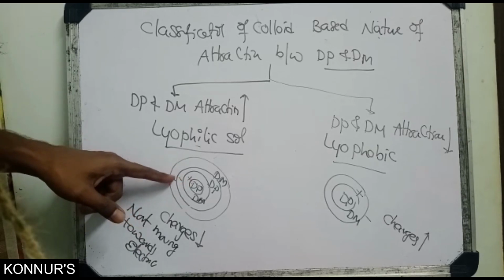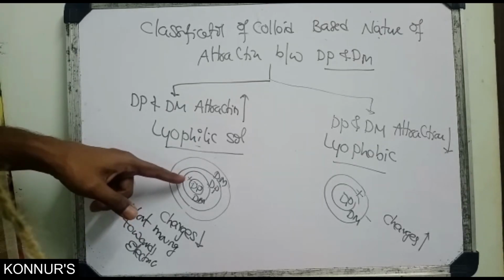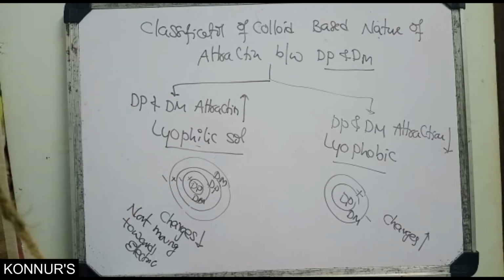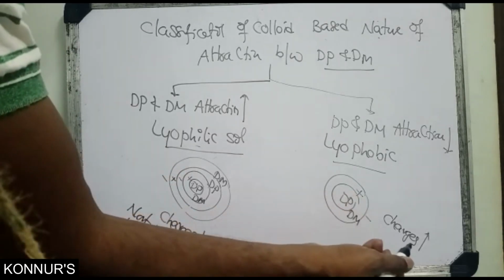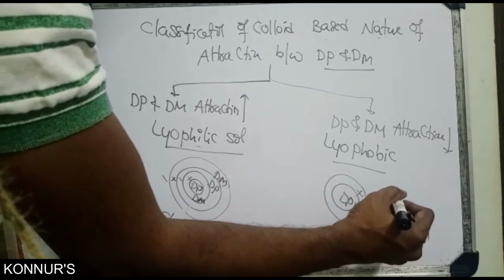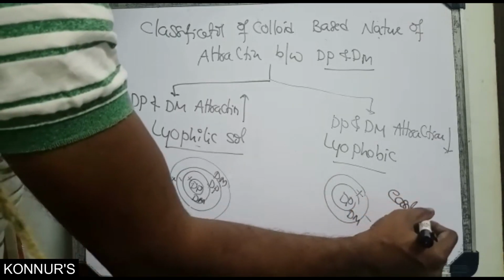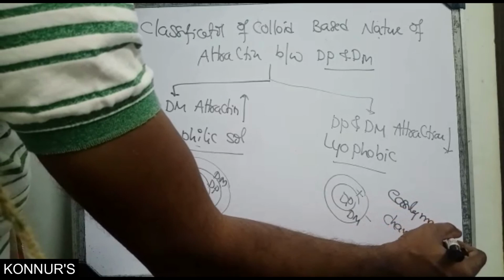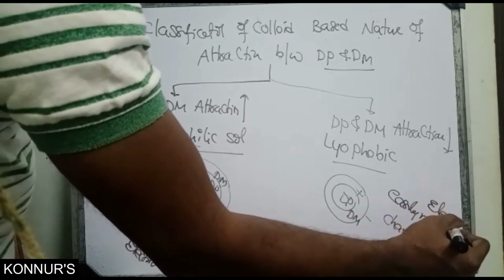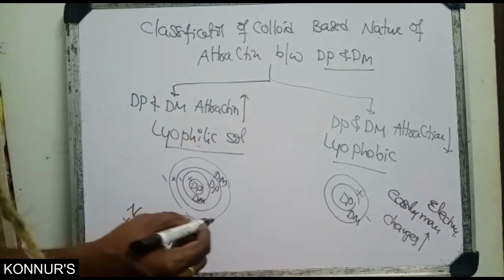Again the negative decreases. Continuously the charge decreases, and at last it disappears. But here full charges are there, so that's why they easily move towards the electrode side.